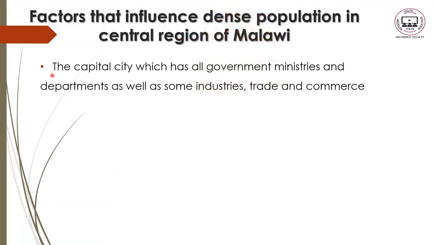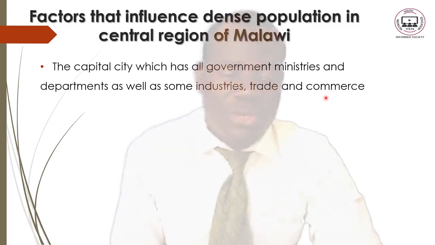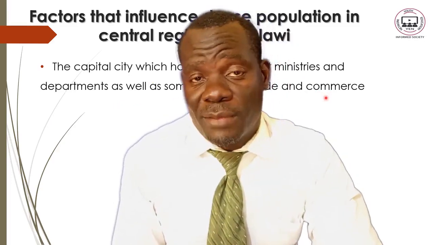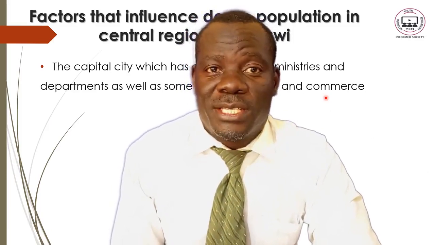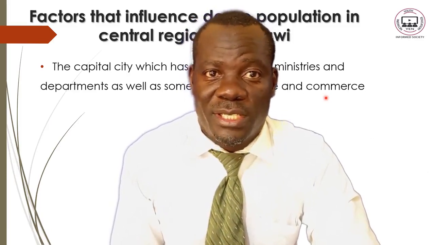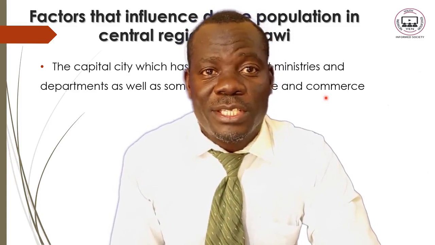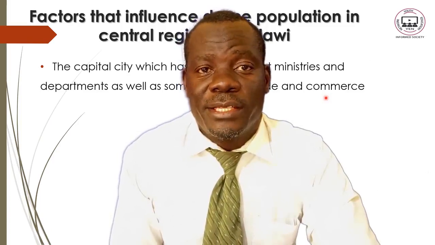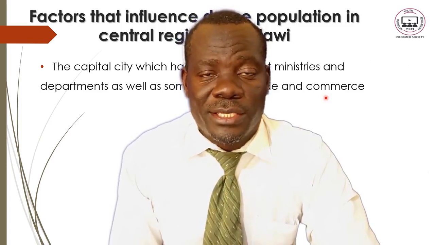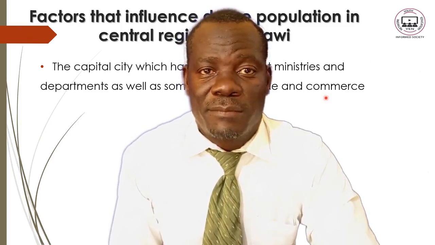Number one, we see the capital city, which has all government ministries and departments, as well as some industries, trade and commerce. What is the capital city of Malawi? Lilongwe. Because Lilongwe is in the central region, that's where most of the government headquarters are, and the trade and industries take place there.